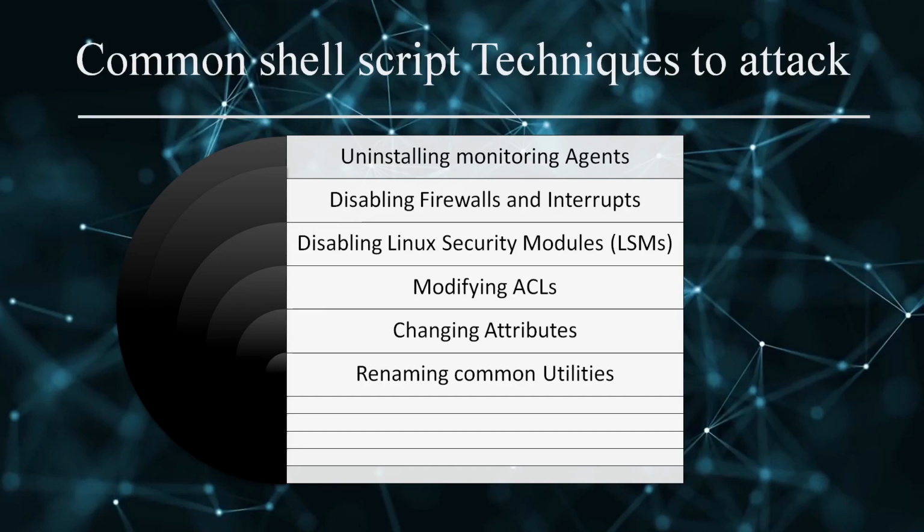What are common shell script techniques to attack? In attacking methodology, there are varieties of shell scripting. The first is uninstalling monitoring agents. Secondly, disabling firewall and interrupts. Thirdly, disabling Linux security modules or LSMs, and also modifying access control lists, changing attributes.